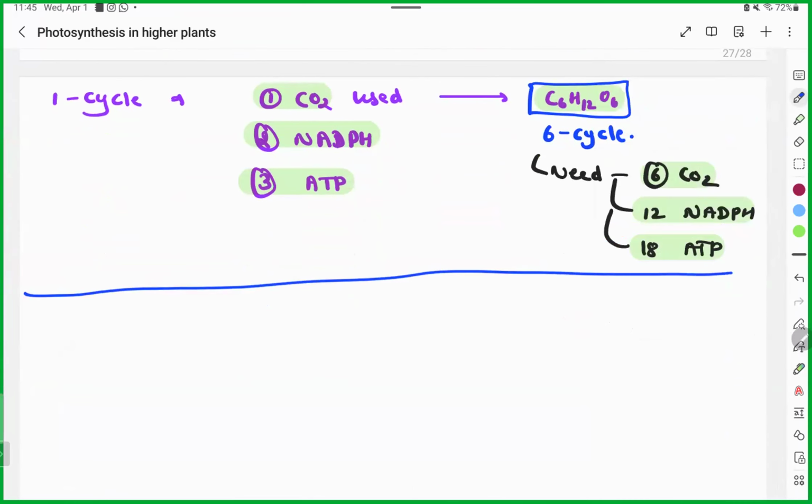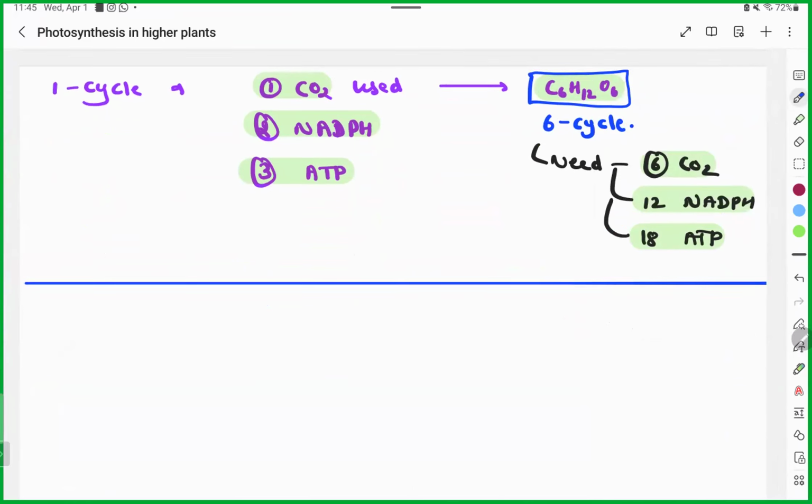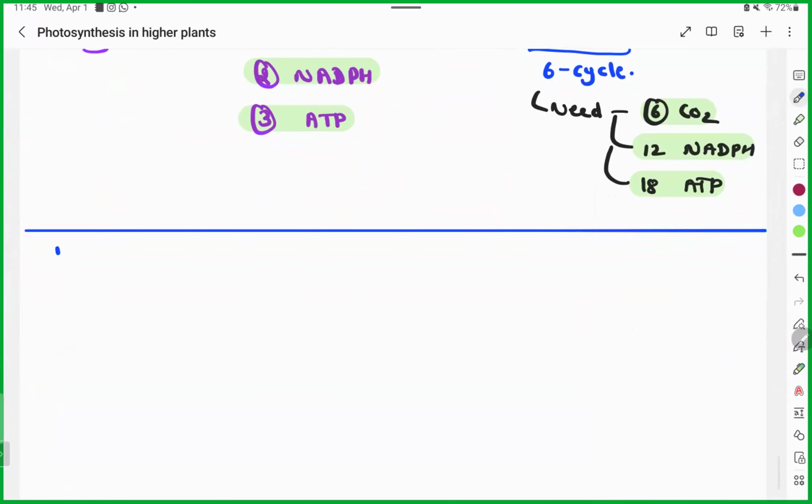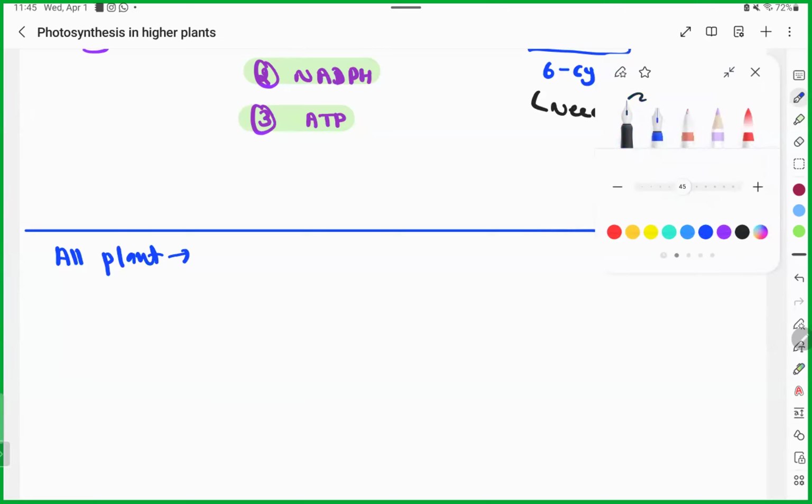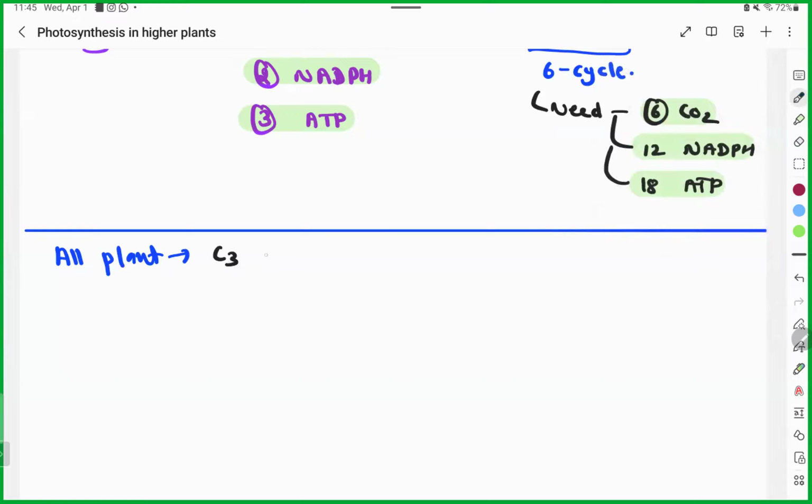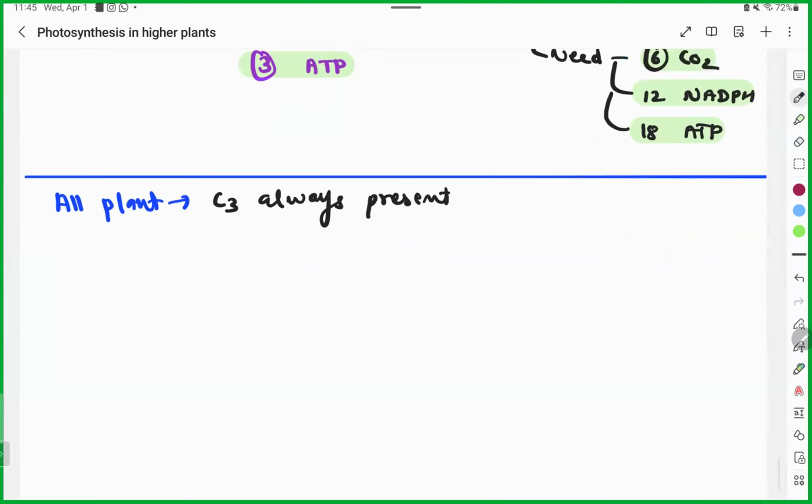In C4 cycle, you have to compare with what happened in the C3 cycle. Remember, in all plants, C3 is a must. C3 is always present. Whenever C4 cycle happens, C3 is definitely part of this process.